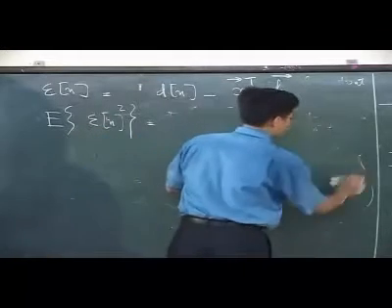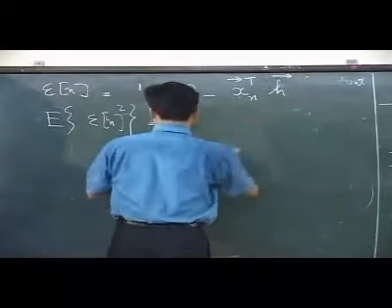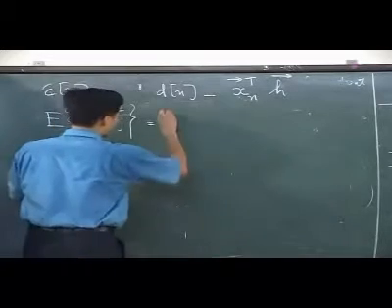Maybe let me do it slowly. So let us see the multiplication. So I have this number, and that is what the expectation is.